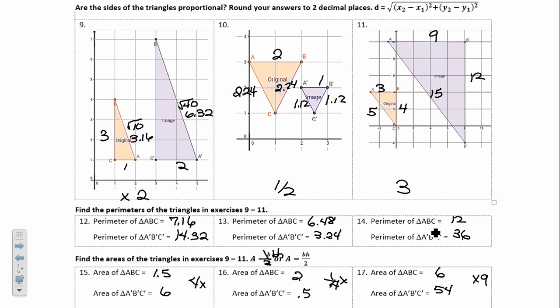So what happens here is we take our scale factor and we're squaring it. Scale factor squared. Scale factor squared. Scale factor squared. So that's what I was hoping that you learned from this yesterday.